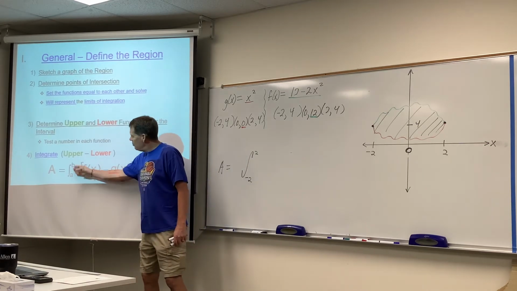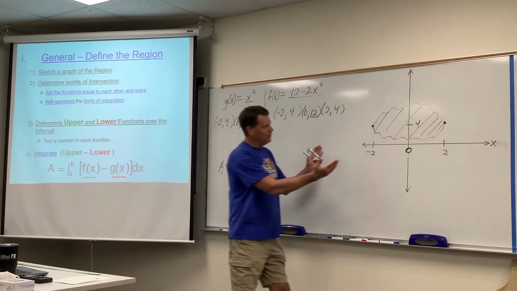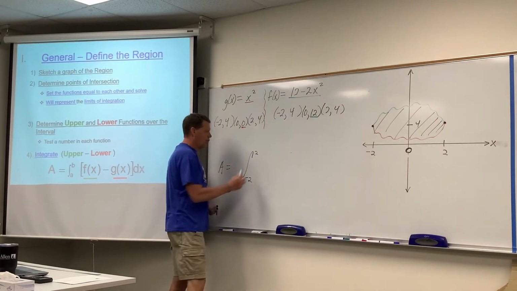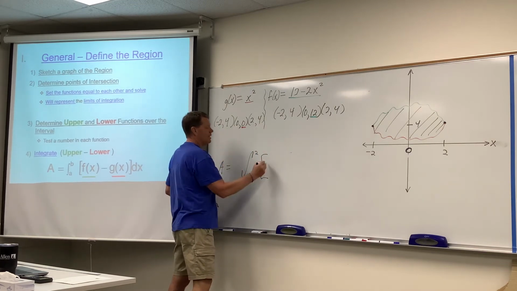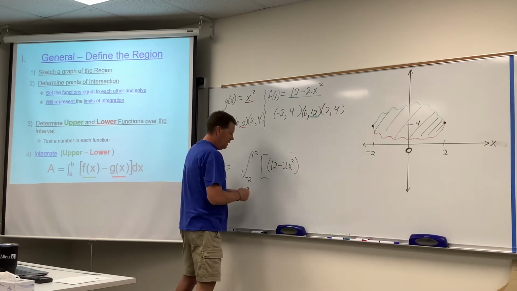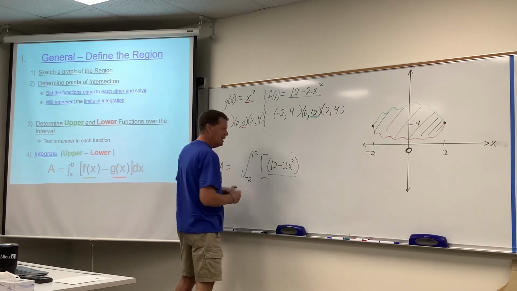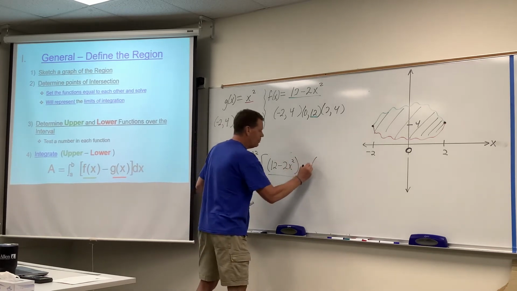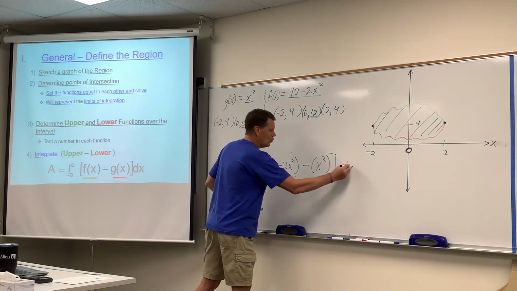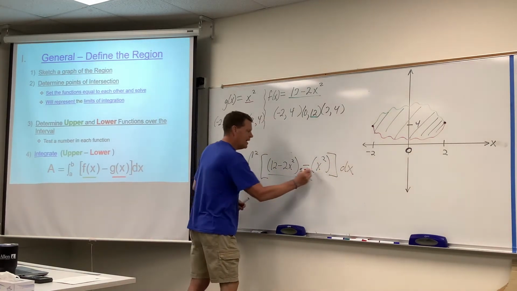And again, the a and b would be these points of intersection. So we're going to integrate from -2 to 2, and in this case, we'll take the upper function, 12 minus 2x squared, upper f of x in general, and subtract from it the lower one, g of x. And again, it's with respect to x. Make sure to put that dx on there.